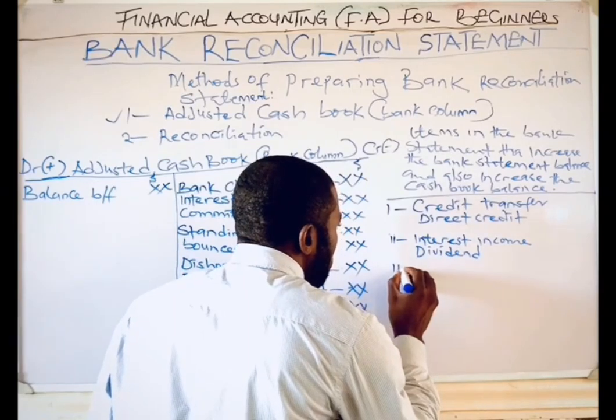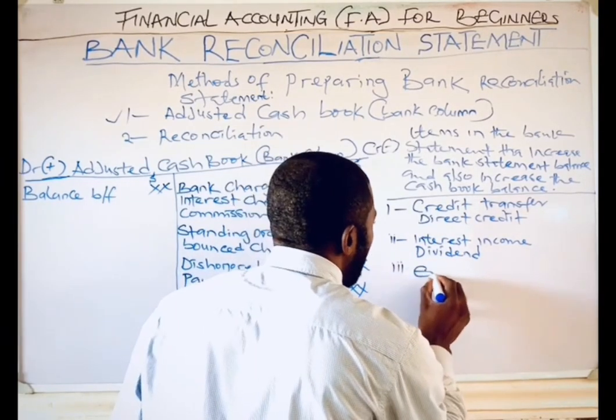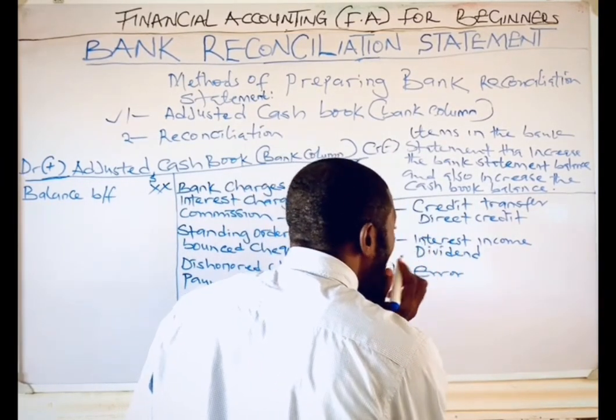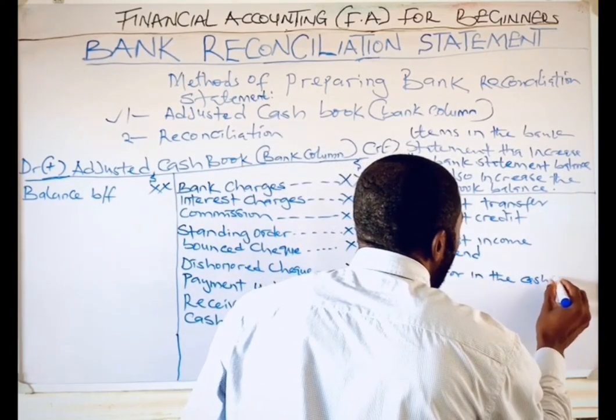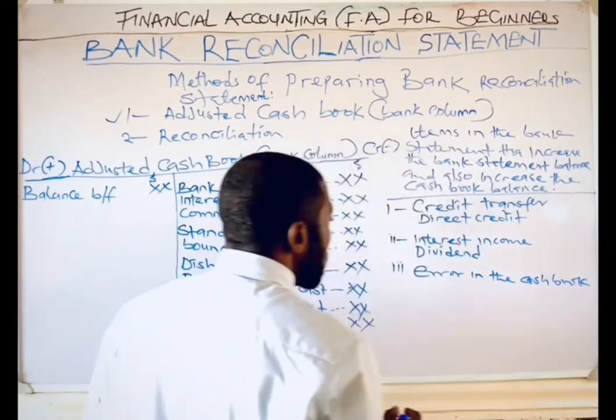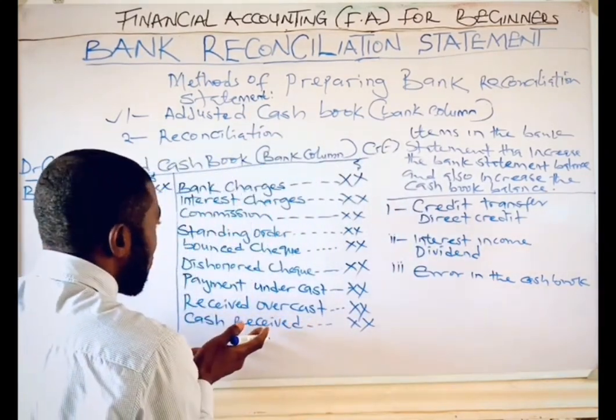Number 3, the error in the cash book. So this is the opposite of the earlier one.